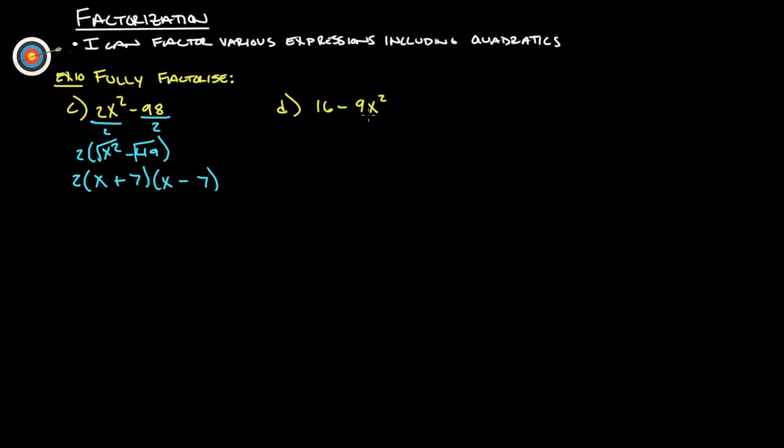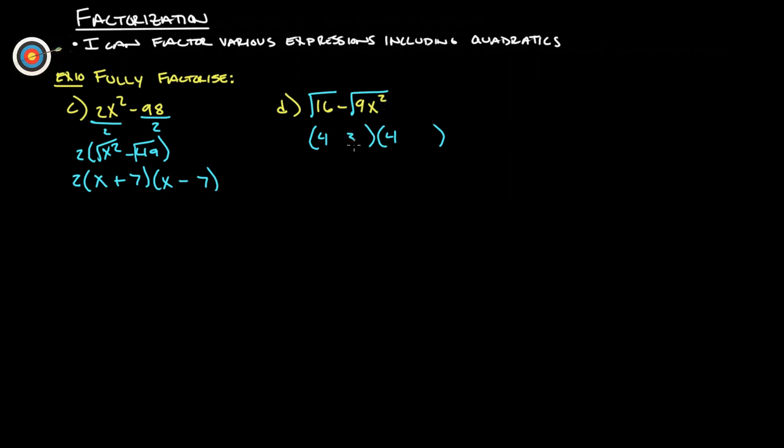Okay, 16 minus 9x squared, again, a perfect square and another perfect square. Can't factor anything out of the 16 or the 9. But since we have perfect square and perfect square, we can just go straight to that anyway. Let's see. The square root of 16 is 4. So 4 is going to go in the beginning. Square root of 9x squared.